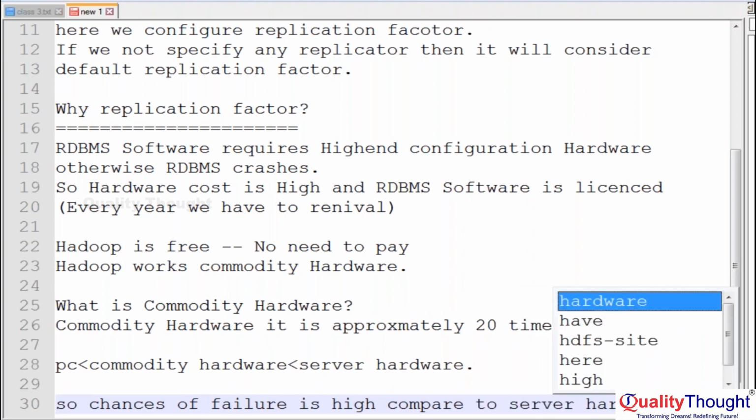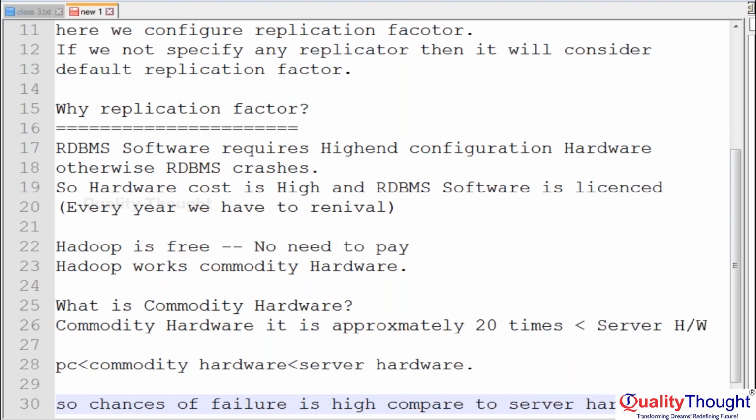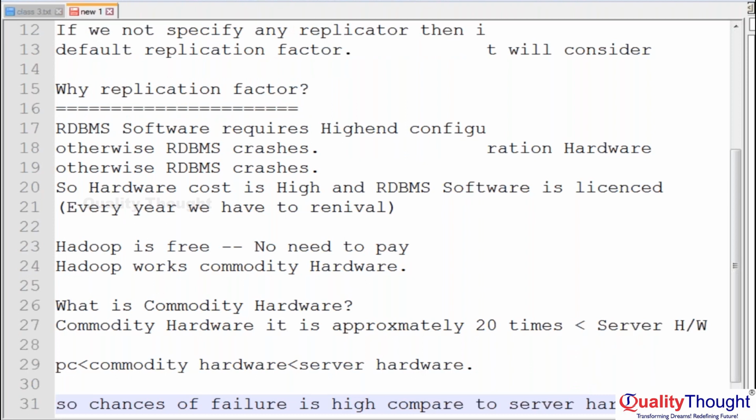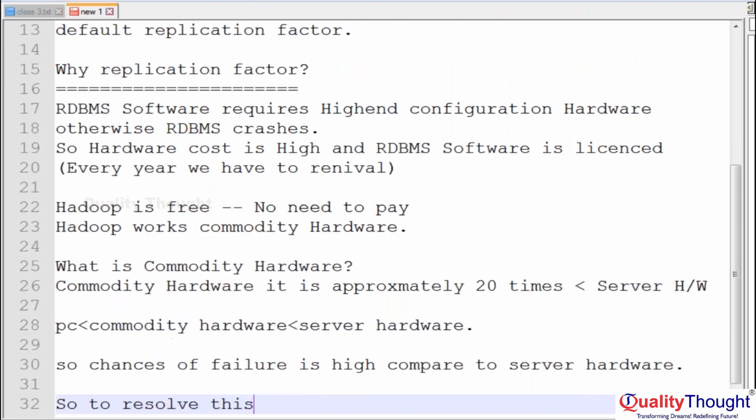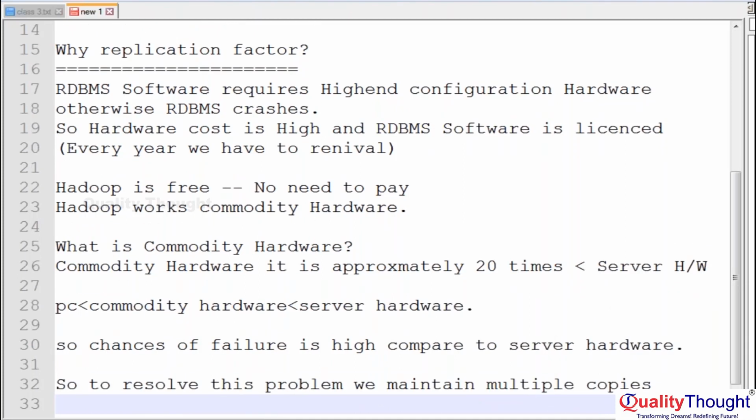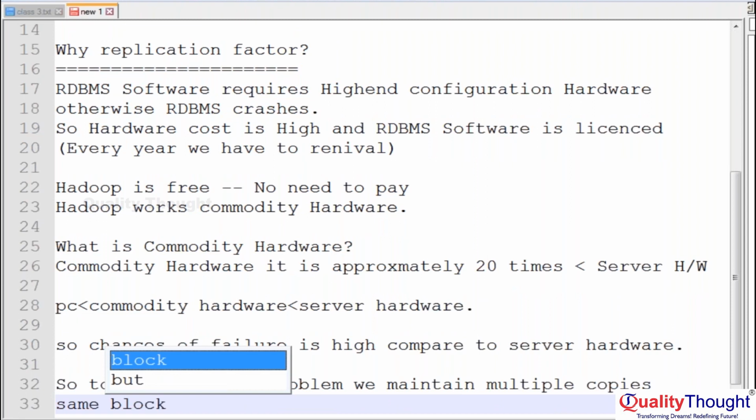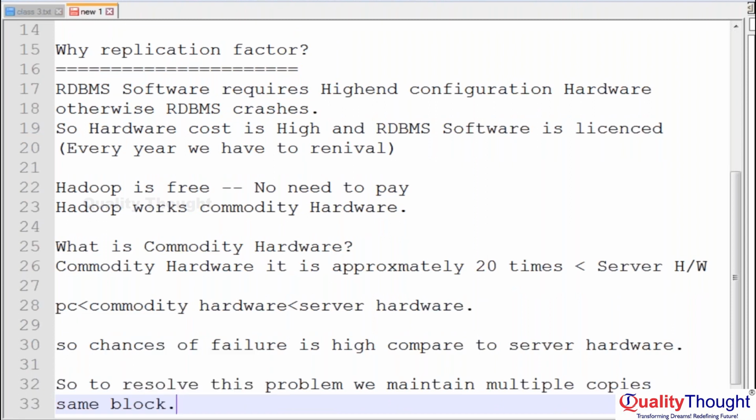To resolve this problem, we maintain multiple copies of the same block. That's why we use the replication factor. So if one block fails, we can access the data from another block.